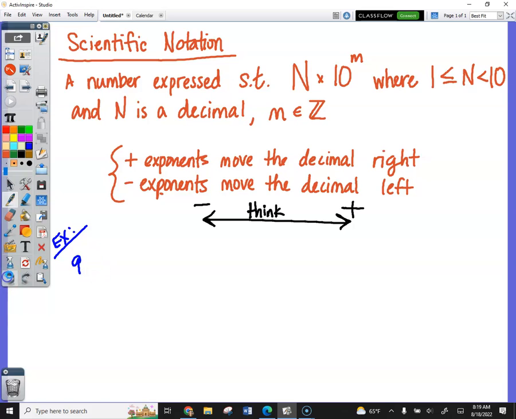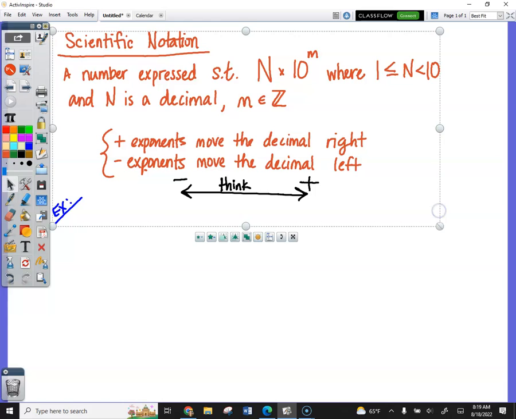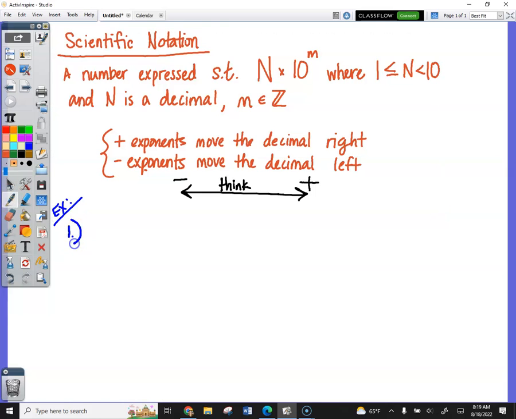Let's see, I'm going to need more room. Let me shrink the. Alright, so number 1, we got 9.46 to the 12th power.